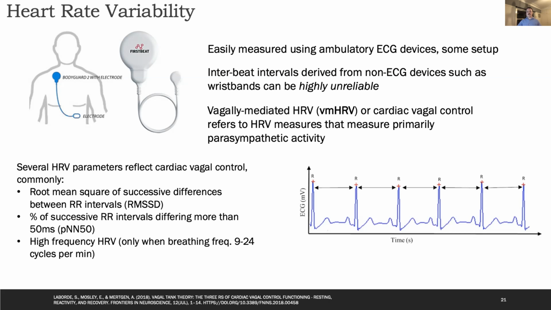The one thing you just need to know is that there's a whole bunch of different measures. They vary slightly, but not really enough to say that they're measuring different things. They all reflect this vagal activity, or the vagally mediated heart rate variability, which we are using primarily as a measure of parasympathetic activity.